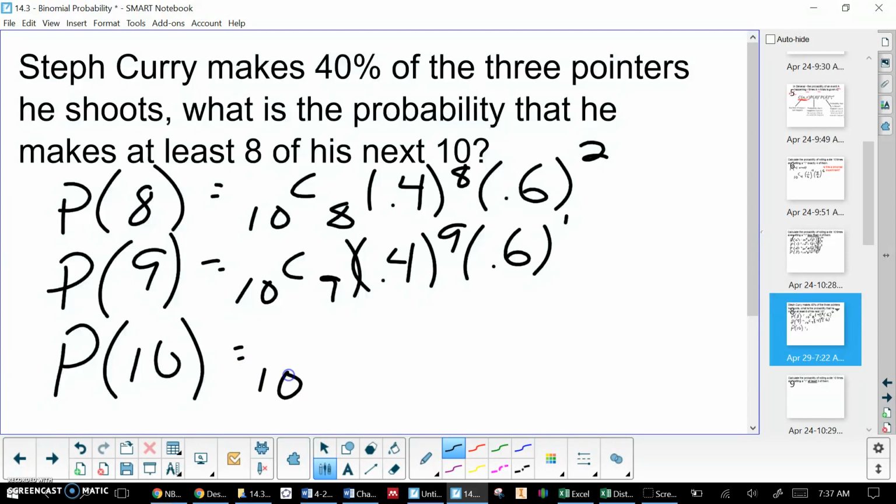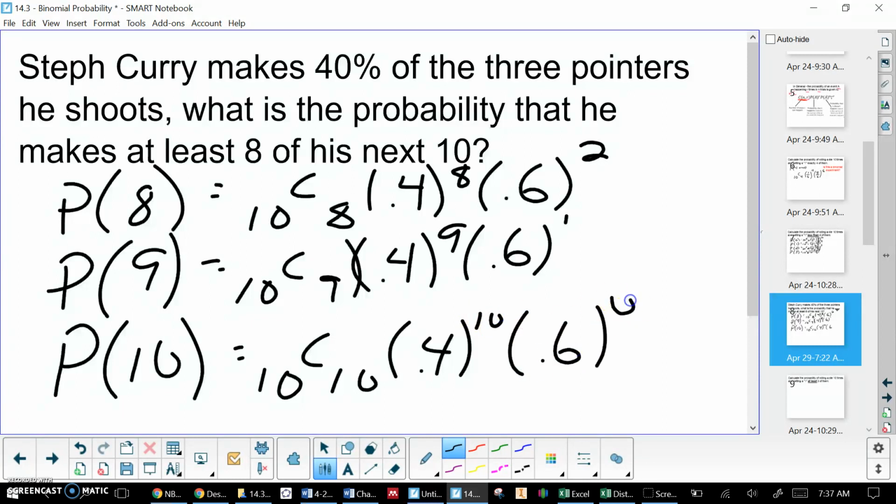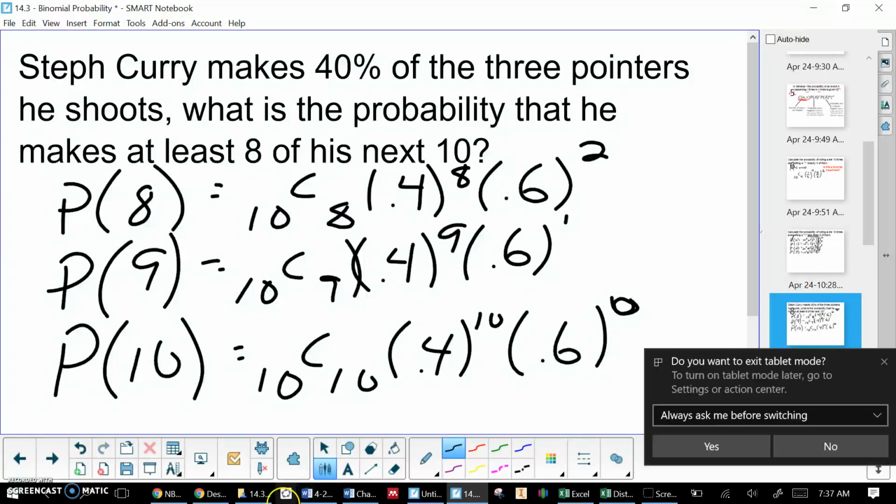And over here, 10 choose 10 times 0.4 to the 10th, times 0.6 to the 0. Now this does, again, just equal 0.4 to the 10th. 10 choose 10 is 1, 0.4 to the 10th, and then 0.6 to the 0 is just 1 as well. So calculating that probability of getting all 10 is actually much easier.